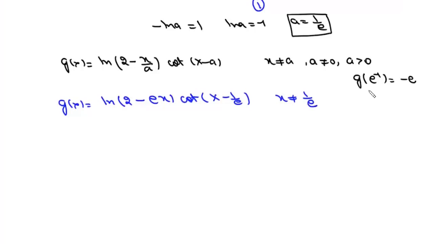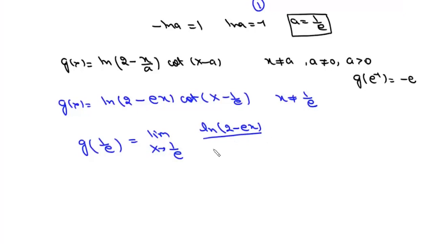Now if it is continuous at 1 upon e, then g1 upon e must be equal to this limit x tends to 1 upon e gx, and this gx is log 2 minus ex upon tan x minus 1 upon e. Now if we put x as 1 upon e, this is log 1, which is 0, and here it is tan 0, so it is 0 upon 0 form. So again we'll use L'Hopital's rule.